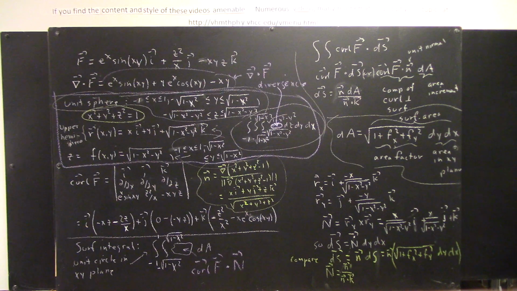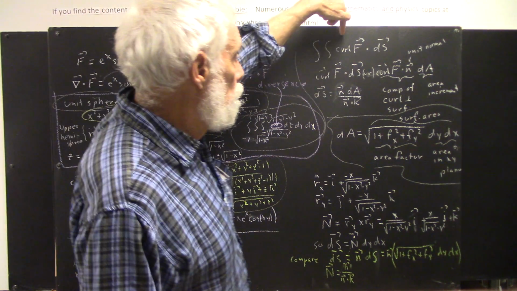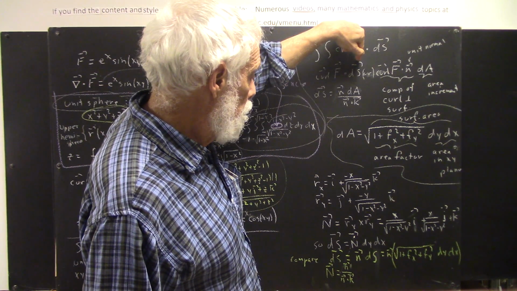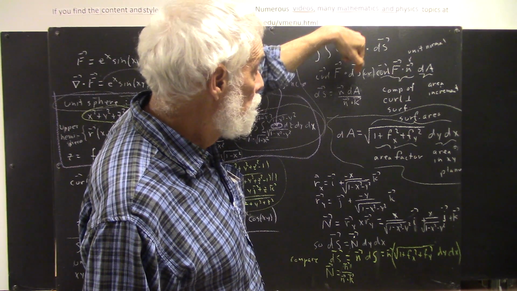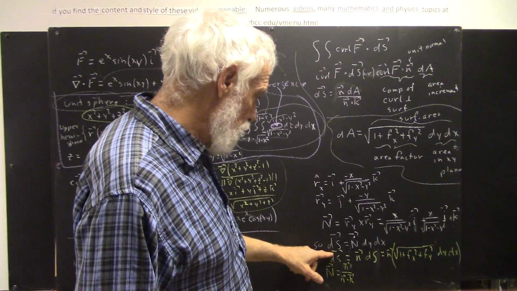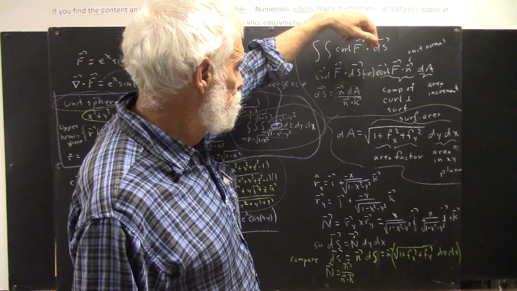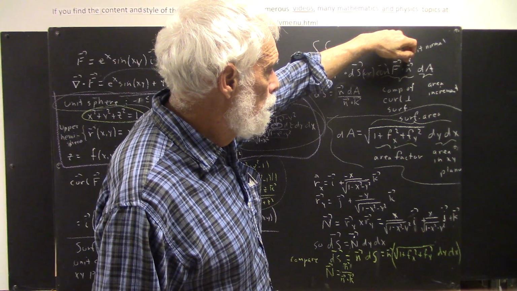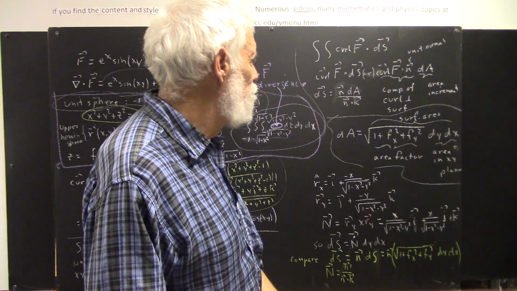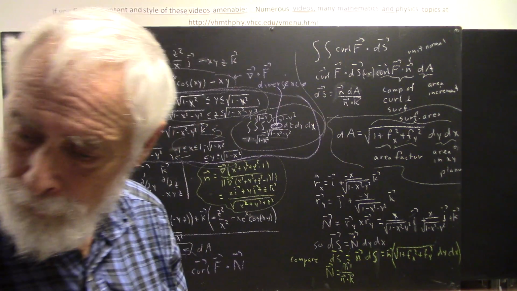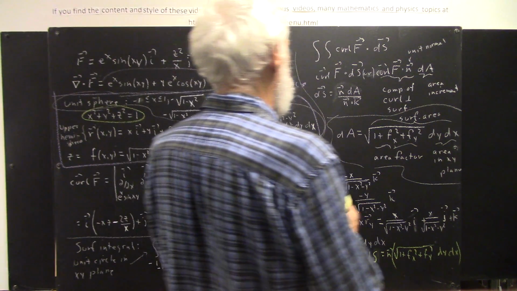I think we're going to do that in the next video clip. So we can say that the integral of curl of f dot dS is f dot dS, where the dS is a vector, equal to N dy dx, or to the curl of f dot our little unit vector times, and I have dA there, and that's just wrong.